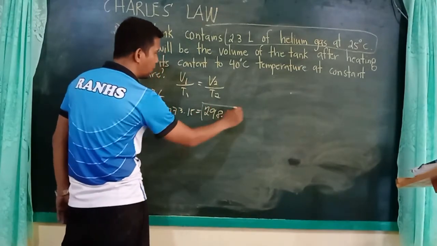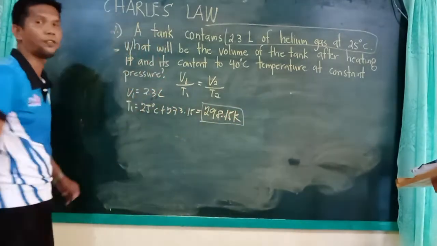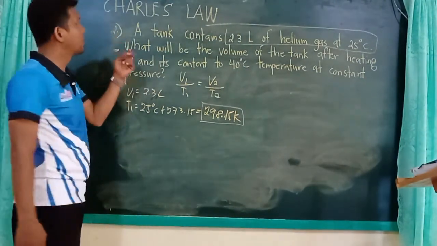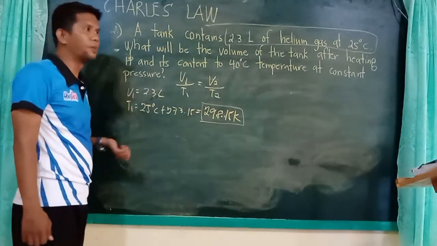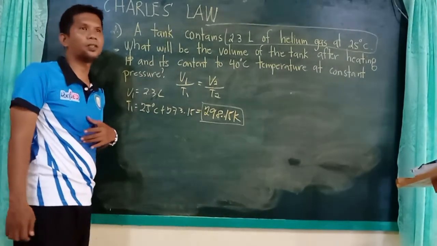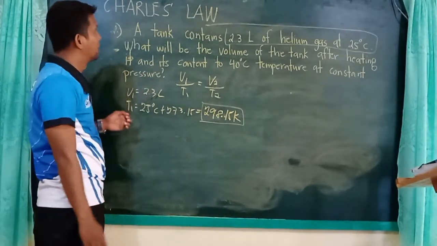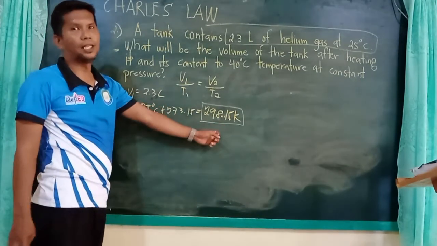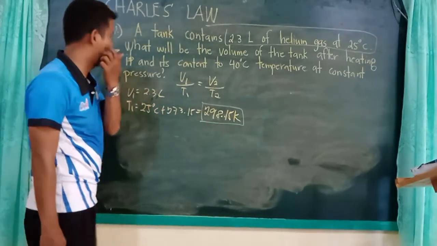So, this is the value that we are going to use instead of 25 degrees. Magtatanong kung bakit. Nung nag-experiment si Charles, Jacques Charles, ng kanyang experimentation, ang ginamit niya na unit ay Kelvin. Okay? Kaya yun din ang gagamitin natin.